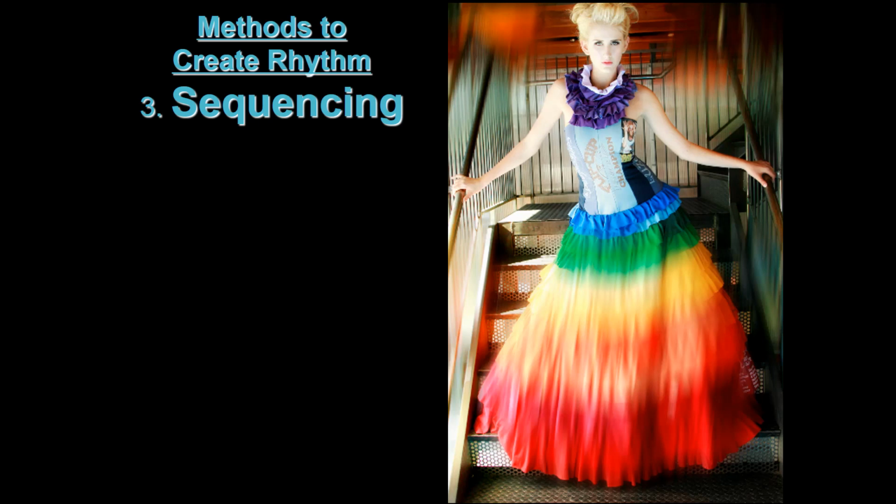In our brains, we are hardwired to know that these items follow each other, and it's what we would expect. So with sequencing, instead of a very gradual transition, it can be a lot more stark, like again in this skirt with these multiple colors.